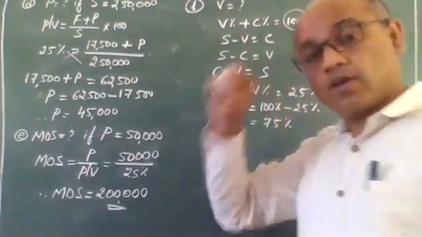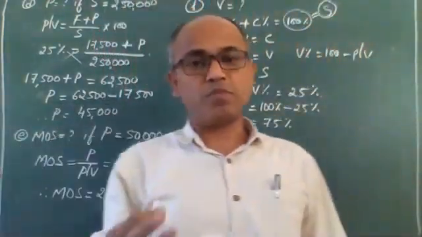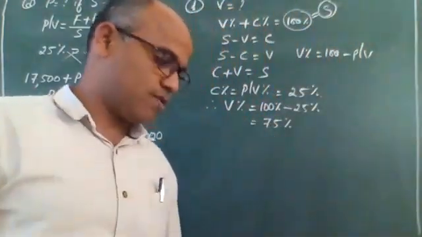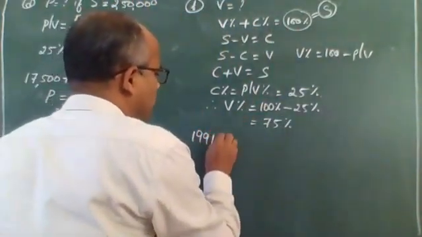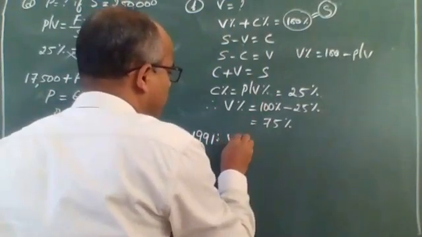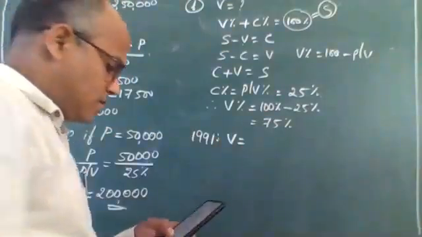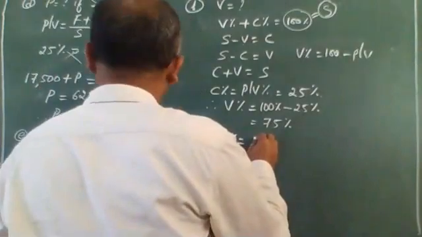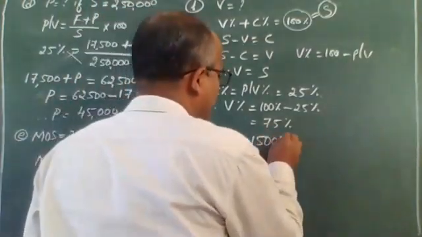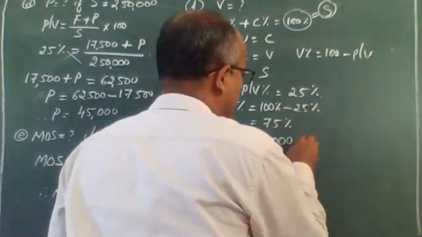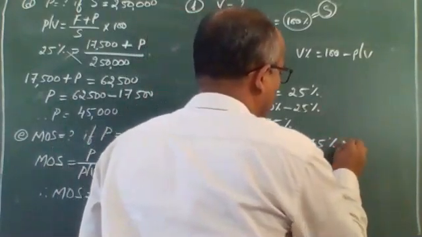So what I got is a percentage. He doesn't want you to find out a percentage. He says what is the variable cost. So for 1991, variable cost is 75% of the sales. What is the sales of 1991 according to the question? It is 1,50,000, multiplied with 75%.